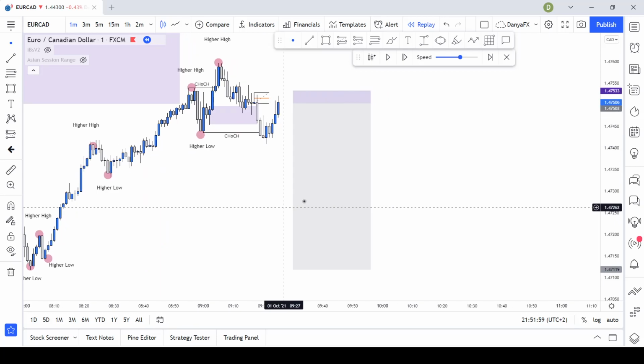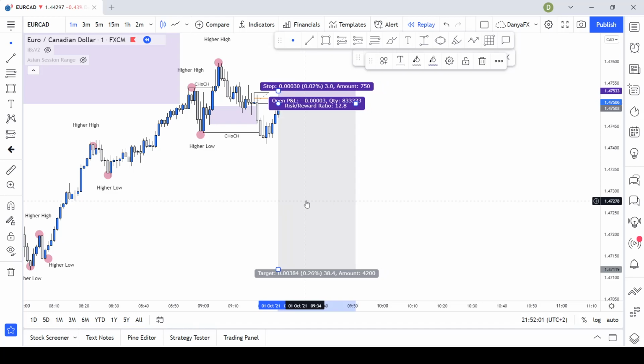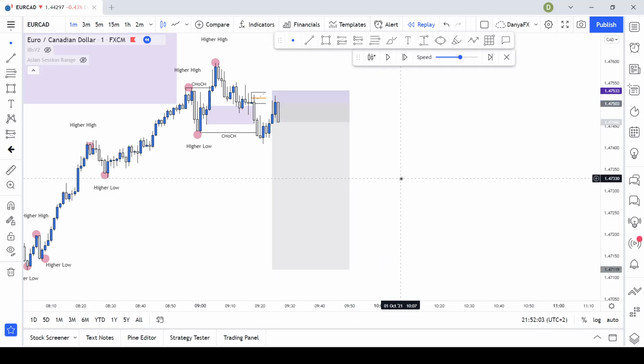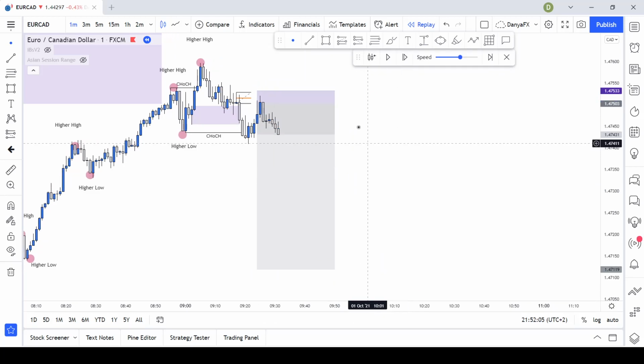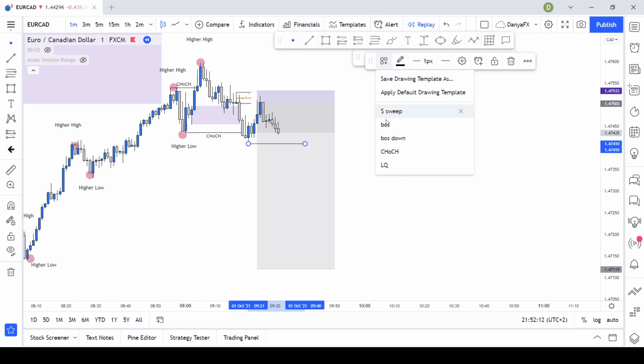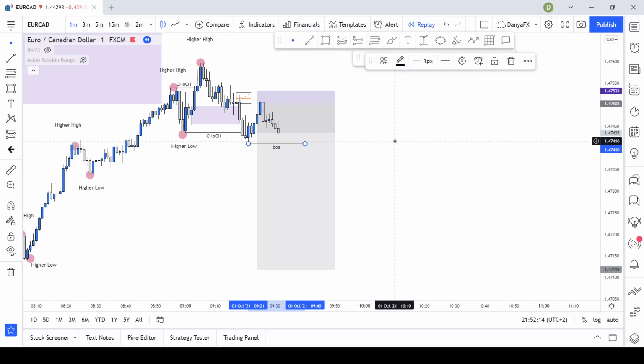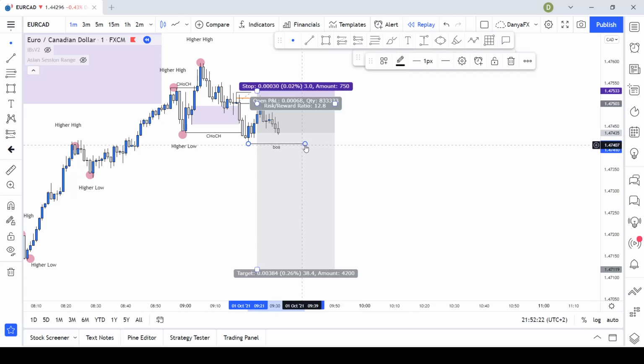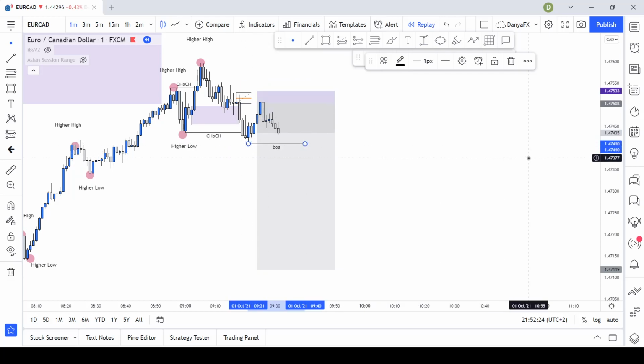So we get tagged in, as you can see, and then we want to see this structural point get broken in order to put our stop loss either at break even or just above the high that caused the move to the downside and broke this point of structure.